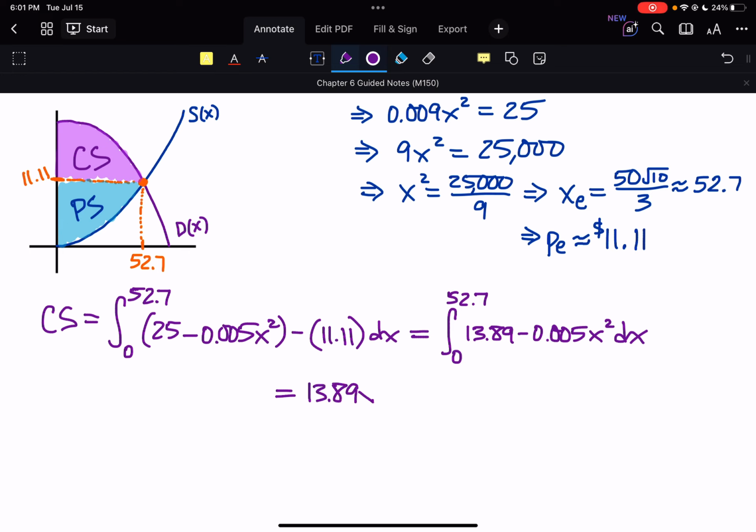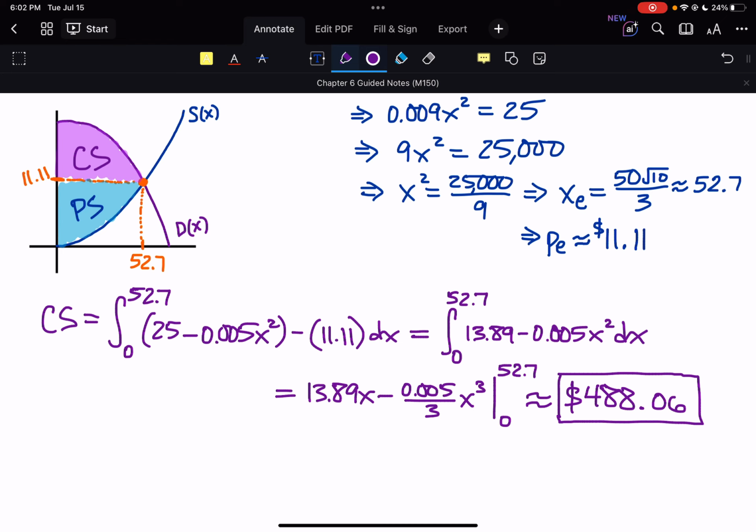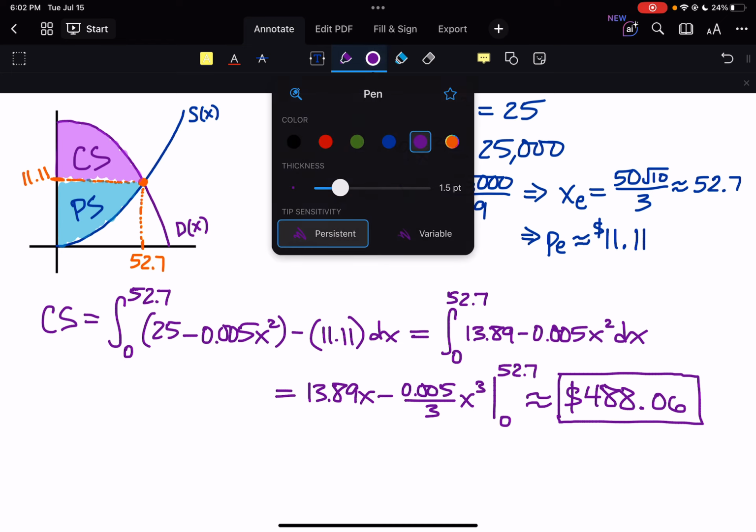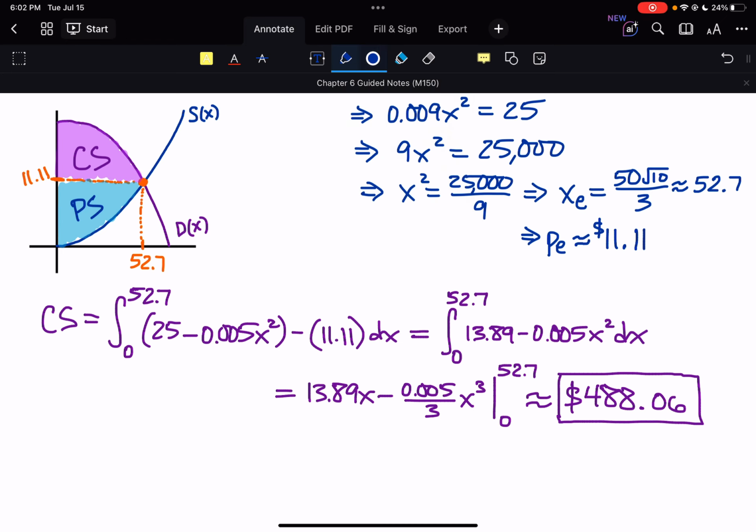That's 13.89x minus 0.005 over 3 x cubed from 0 to 52.7. If we run that through a calculator and round to the nearest cent, we get $488.06. So that would be our consumer surplus.